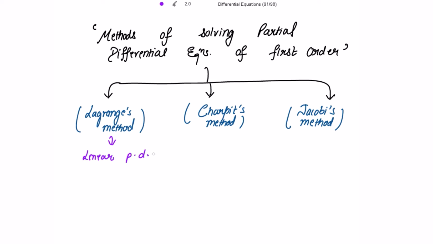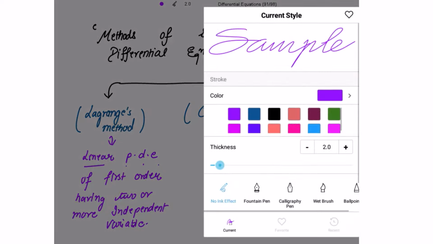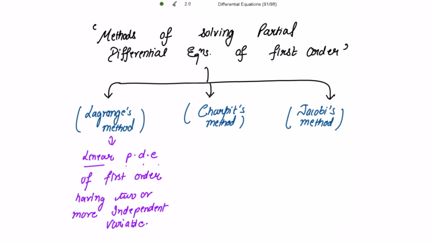Let me write PDE, the partial differential equations, right? So it is used to solve the linear partial differential equations of first order having two or more independent variables, right? Second is the Charpit's method.